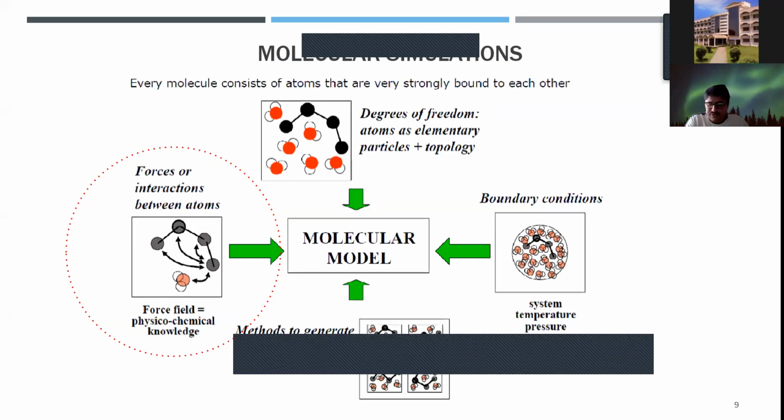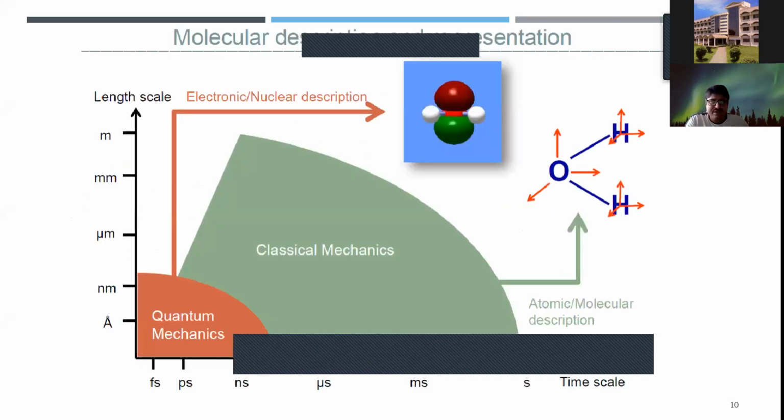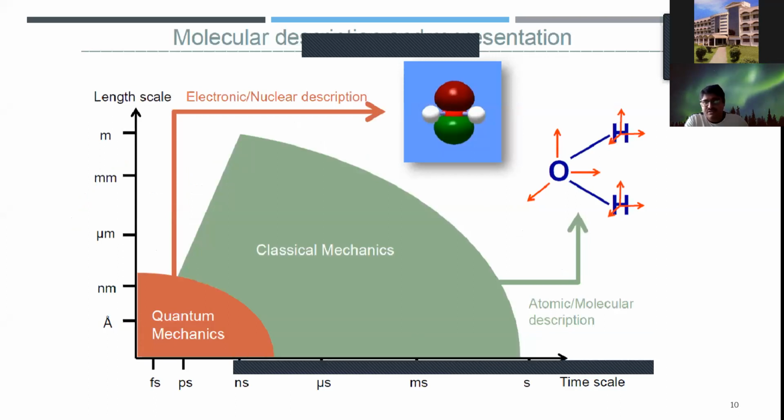Once the model is created, then we need to think about how much time step we need to take. If we compare this molecular description, normally in quantum mechanics, the electronic motion within the atoms, within the molecule, is in the range of femtosecond, picosecond, and up to nanosecond.